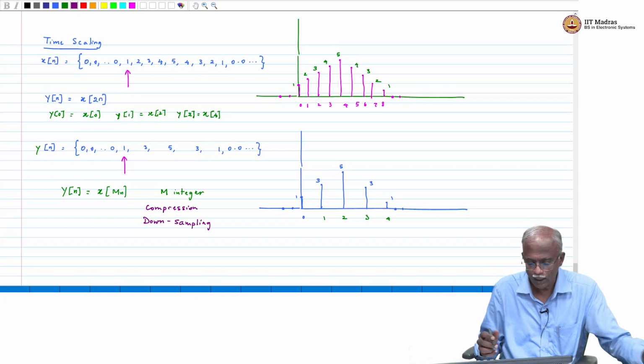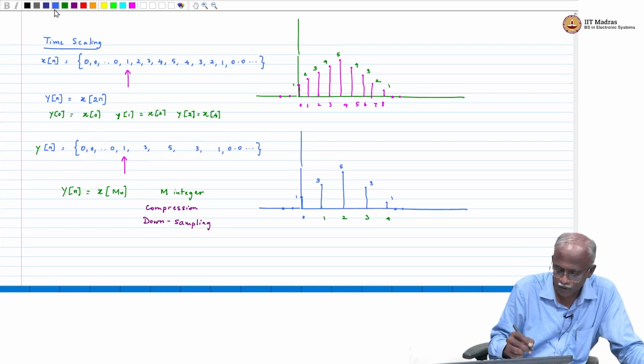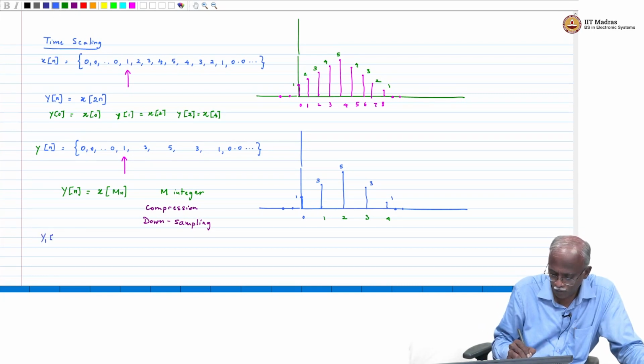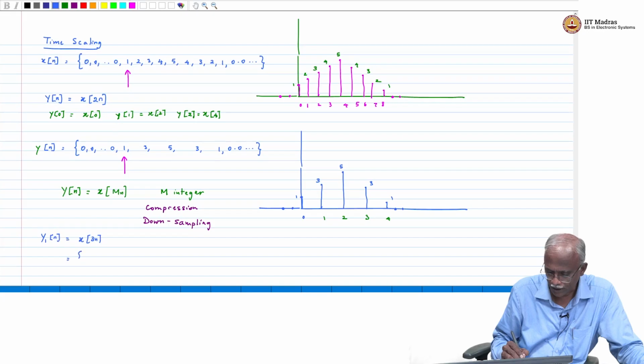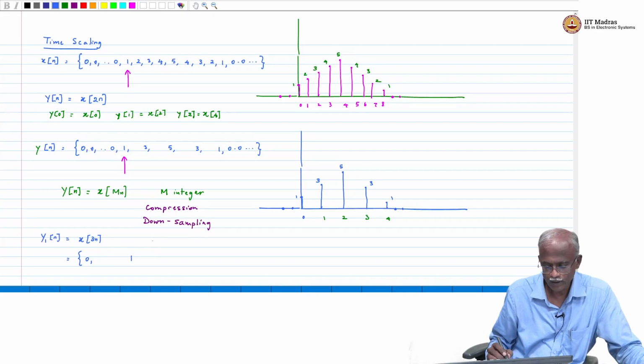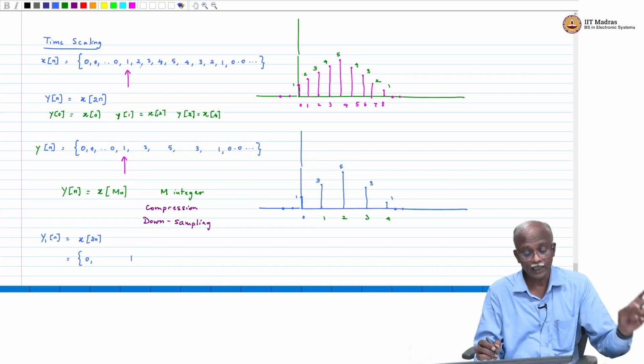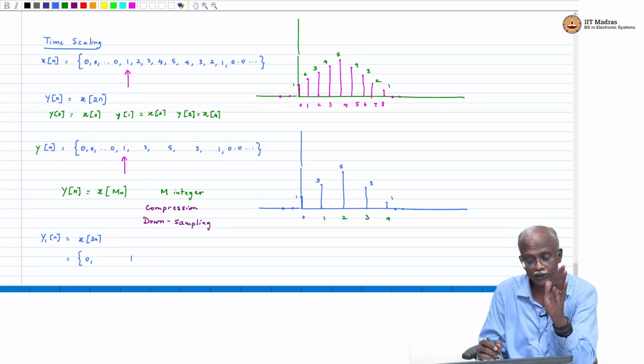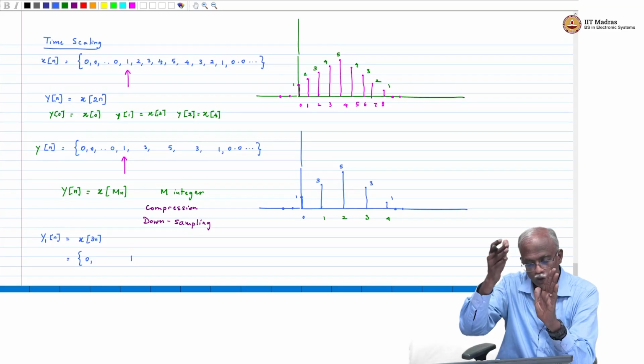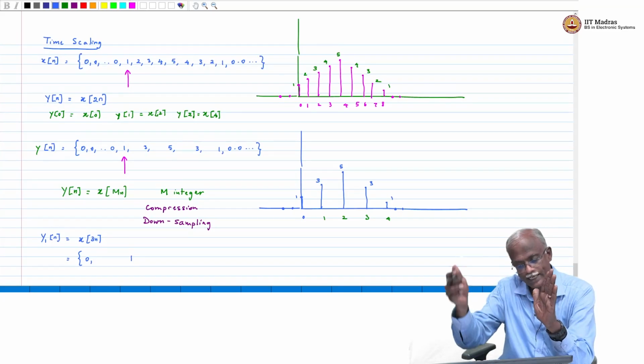Now, if I were to ask you to write down y1 of n is equal to x of 3n, this would be a sequence, lots of zeros. You'll start with 1. Next sample that will be present in your sequence, you're going to throw out 2 samples and retain the next one.